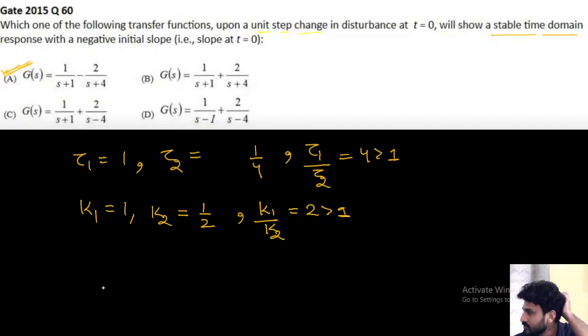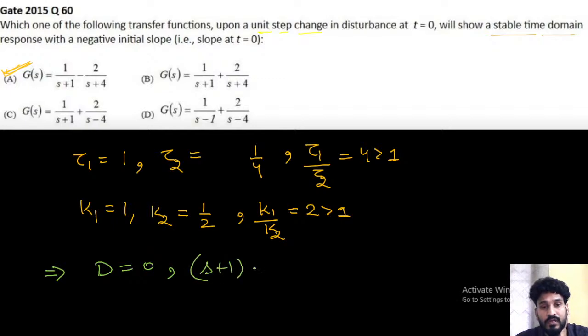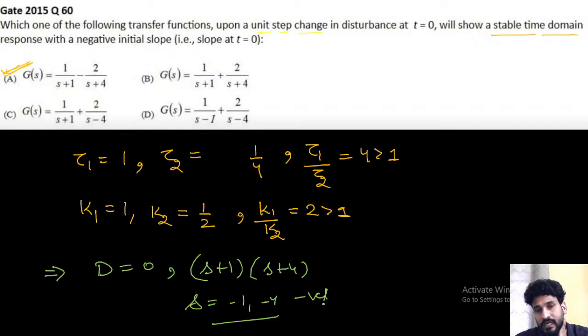What are the poles? Poles are the roots of the denominator. What is the denominator? Denominator is equal to 0. The denominator here is s plus 1 and s plus 4. So s is equal to minus 1 and minus 4. So poles are negative, so it is stable also. So A will be my answer.